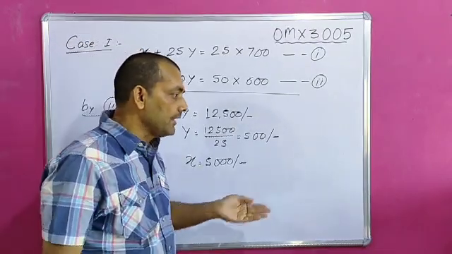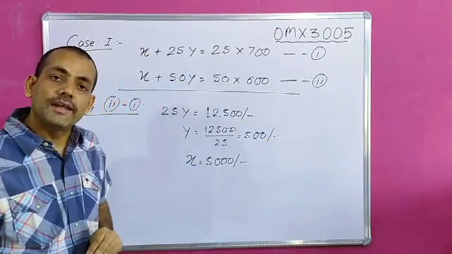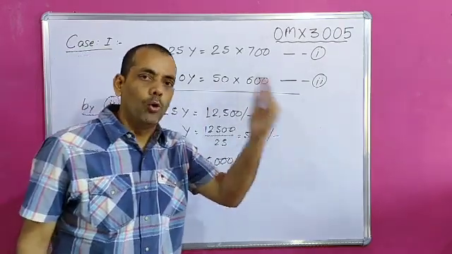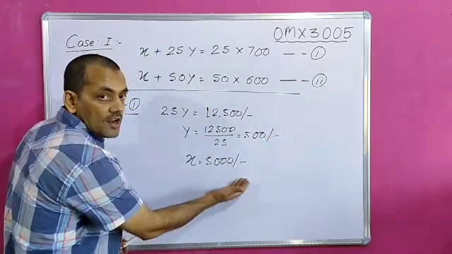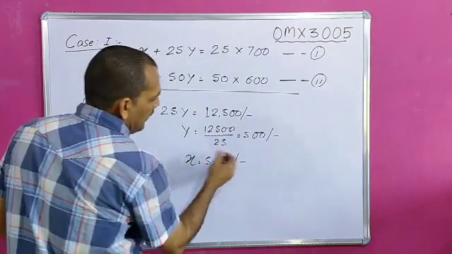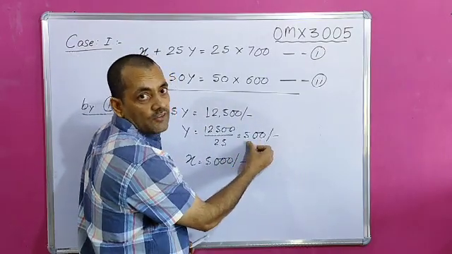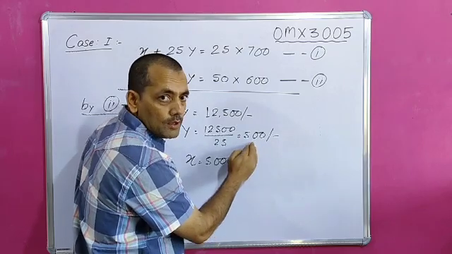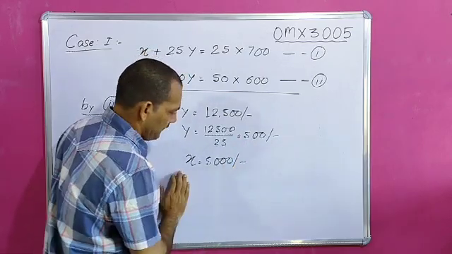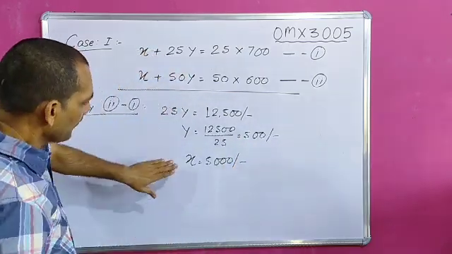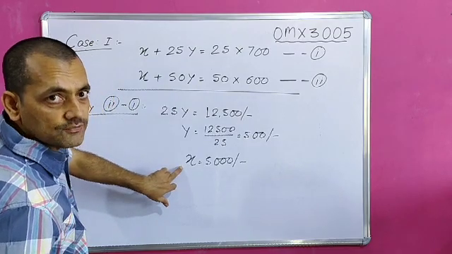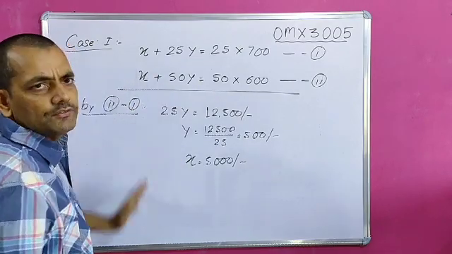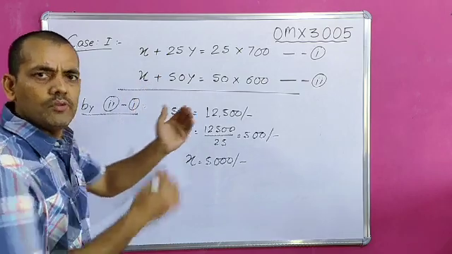Now the question is asking, what is the per boarder expense if there are 100 boarders? So if there are 100 boarders, in that case, this is the variable cost per person, which is 500, and the fixed is 5,000. So if we use these values in any one of these two, we will get it.